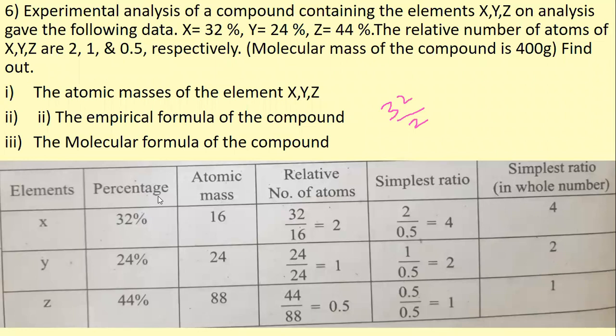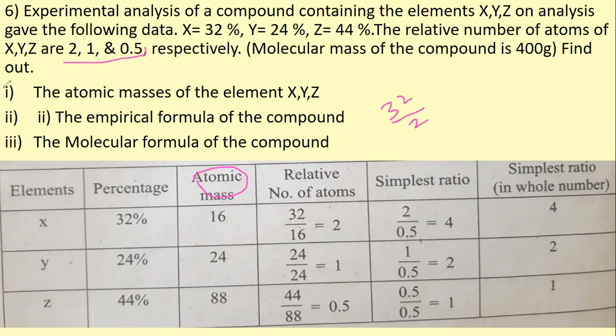See here in the question they gave the X value 32. So now we divide this 32, because we have to calculate the atomic mass. If they gave the element name, we could easily write the atomic mass, but here they have simply given X, Y, Z, and also they gave the relative number of atoms, that is 2, 1 and then 0.5.